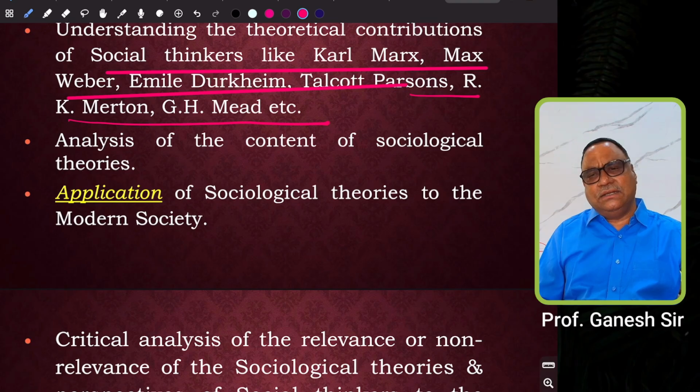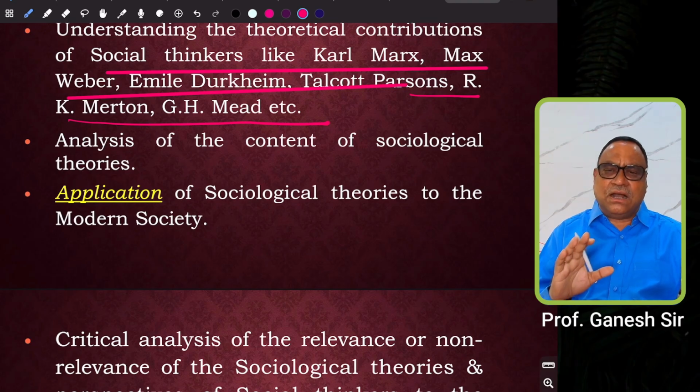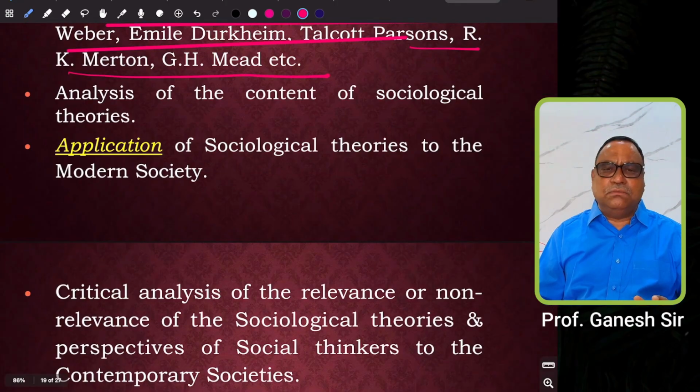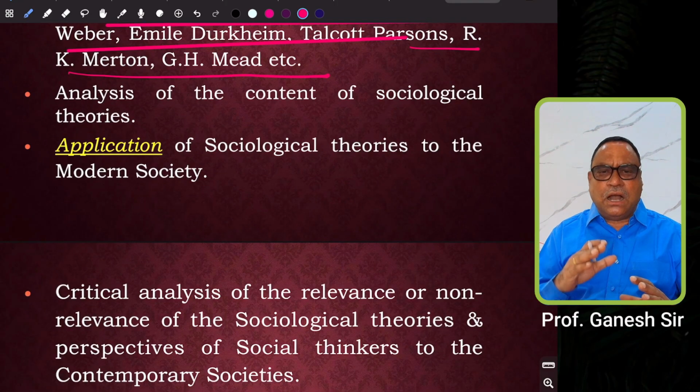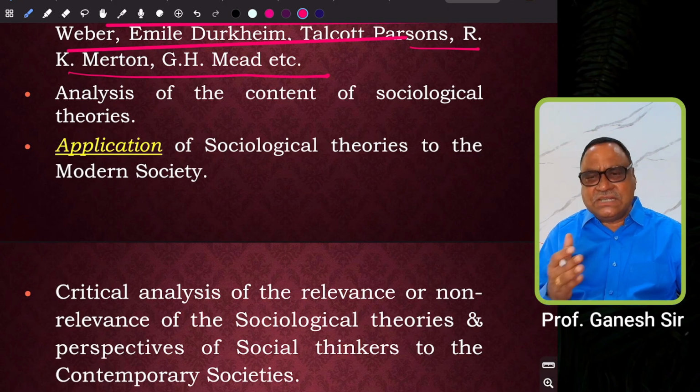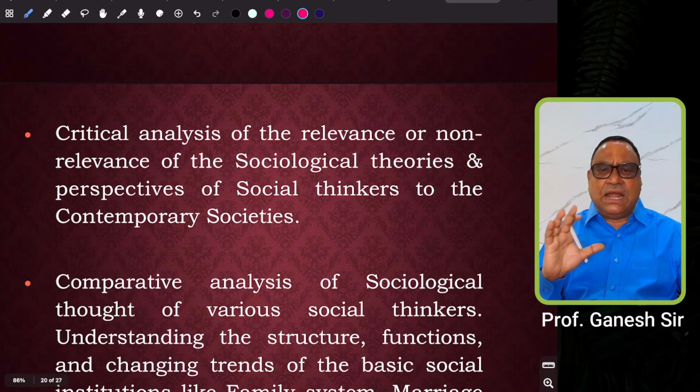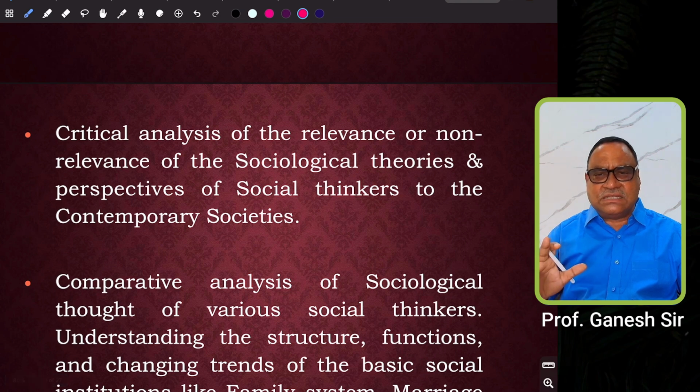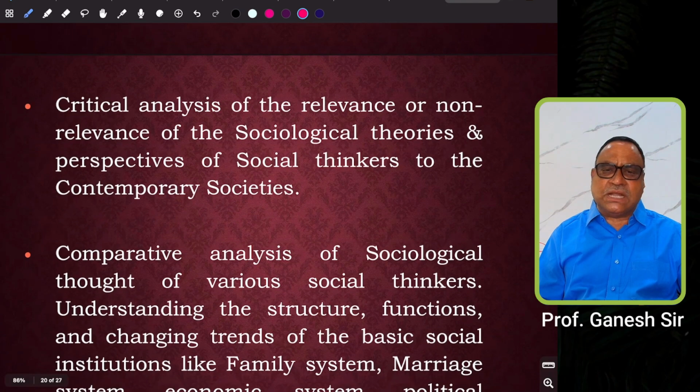All these theories are very important in paper 1, and a student must understand the content of these theories and the application of these sociological theories to modern society. This is very important. Then, critical analysis of the relevance or non-relevance of sociological theories and perspectives of social thinkers to contemporary societies.